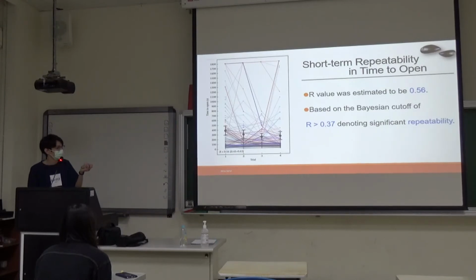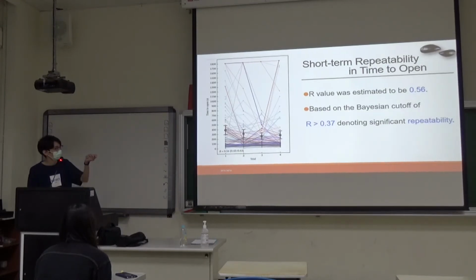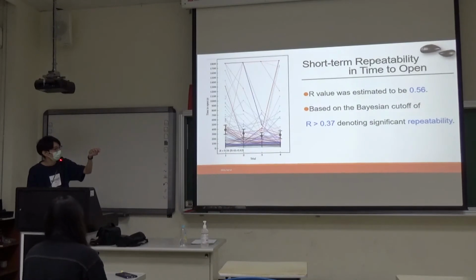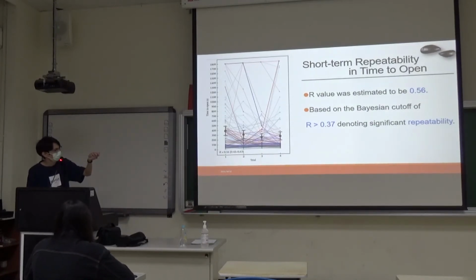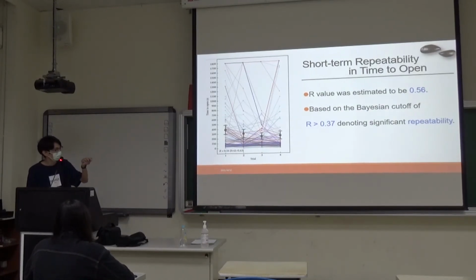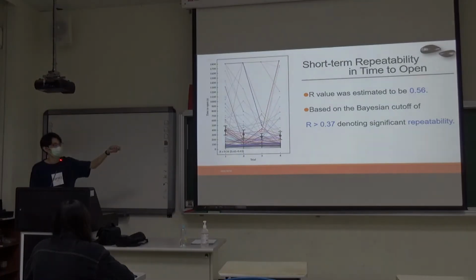The most important thing is to prove the repeatability is significant. So I just put in an R value even larger than 0.37. So I didn't show the details about this. Okay, next.